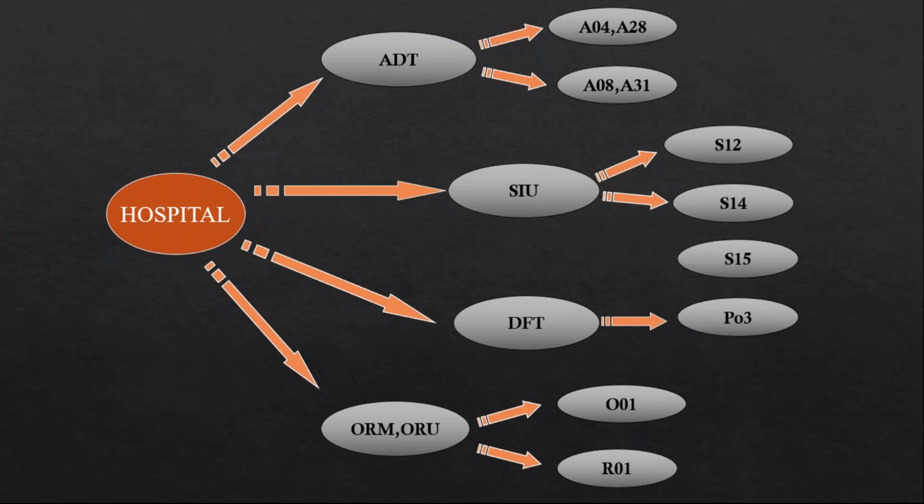Other events which might come up, like I said, VXU, which is for immunizations, are some additional events happening in hospitals which usually generate the necessity of data flow from the hospital systems to other systems. So those additional events can be learned later once you cover all of these basics.